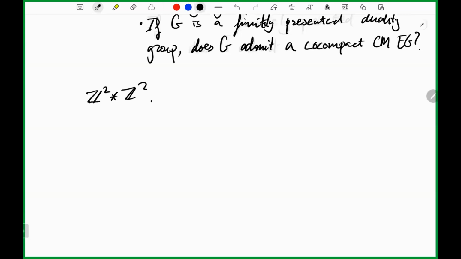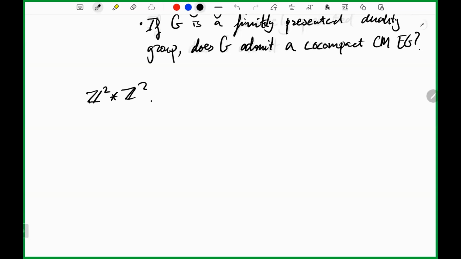The dualizing module that you have, I mean, you said it's Z, right? No, it's not. I don't know of an example of a group where it isn't. But if the dualizing module is free as a Z module, then you also have the duality where you twist the cohomology group rather than the homology.